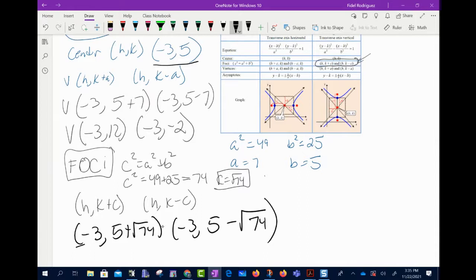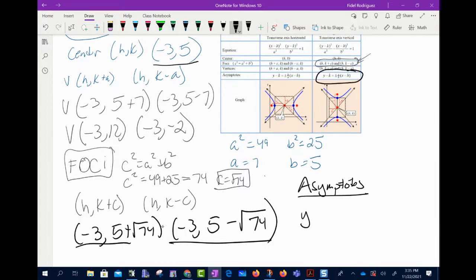Boom, there's our foci. Alrighty, and I think the next part is asking us to do the asymptotes. Here's the equation on how we find our asymptotes.